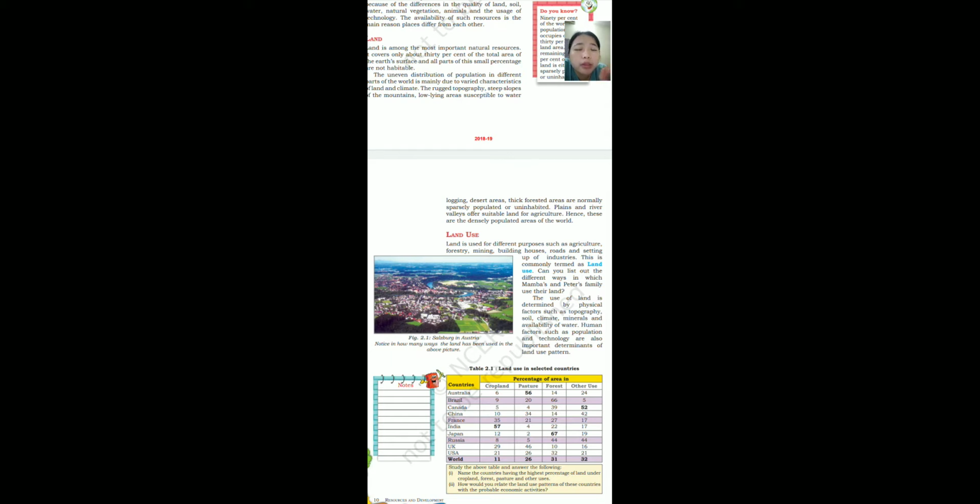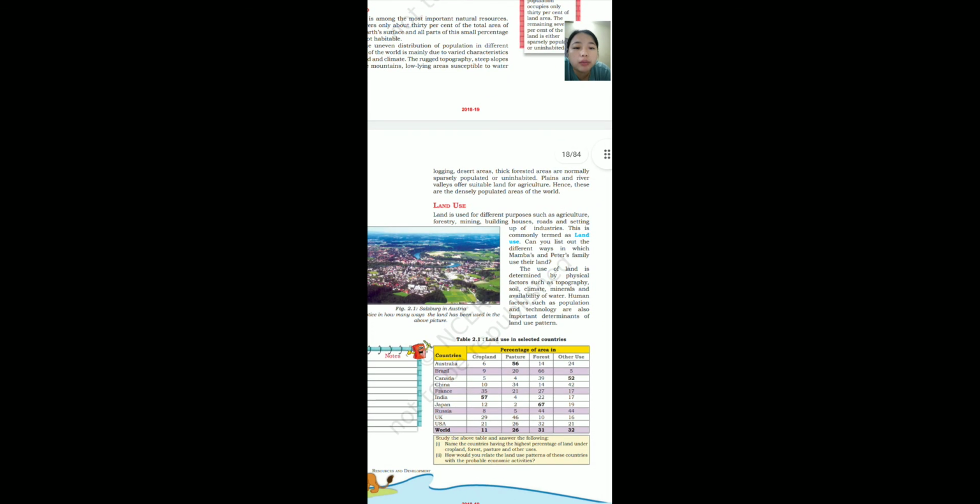So these types of areas are very sparsely populated. Even in desert areas, houses are mostly found near the oasis. An oasis is a water body that is found in between the desert areas.